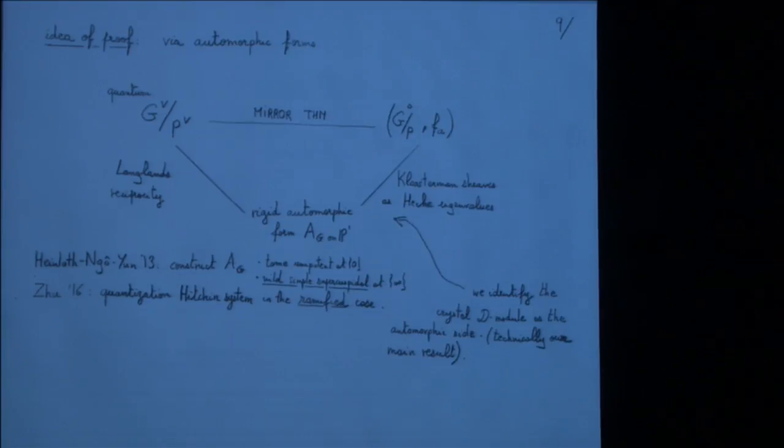So one step is to relate this quantum differential equation, which we saw before, for instance, for the Klein quadric, to here. And here we are also helped by a recent theorem of Zhu, which did exactly that case.